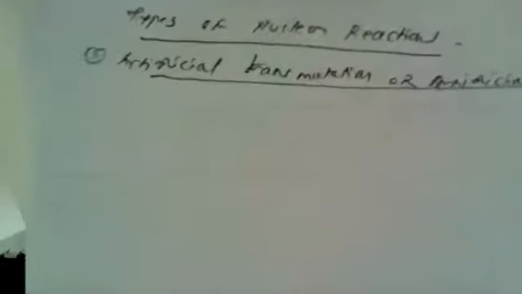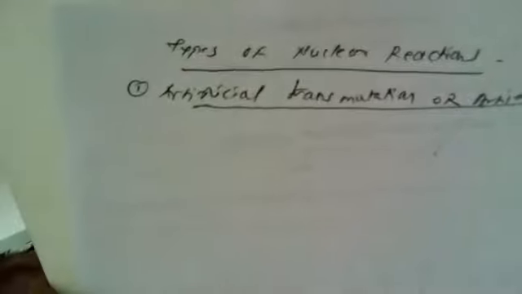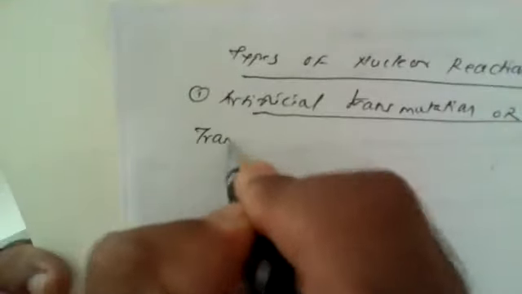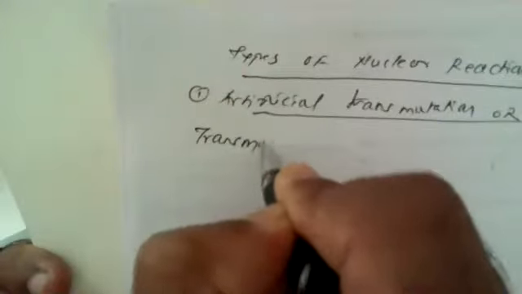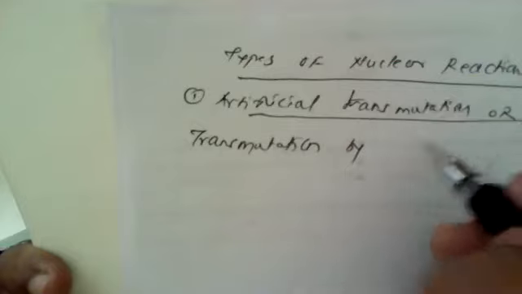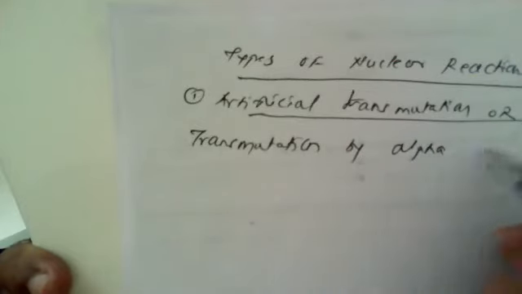If we try to study how artificial transmutation can be carried out, let us first see the transmutation carried out by alpha particles.